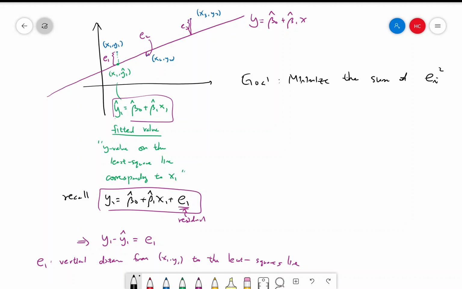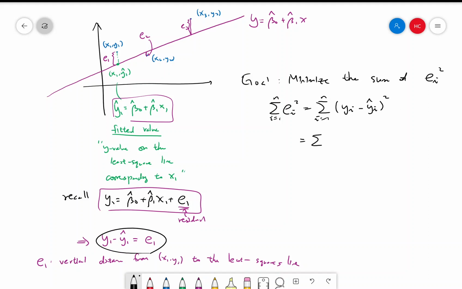The sum of ei squared, i equal to 1 to n, is equal to the sum from i equal to 1 to n of, remember ei is equal to yi minus yi hat, squared.